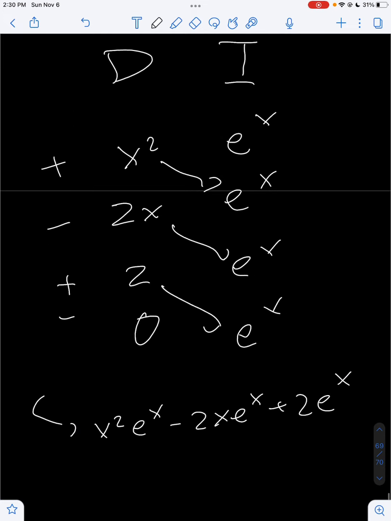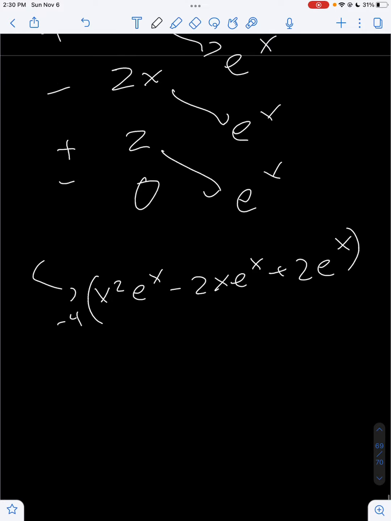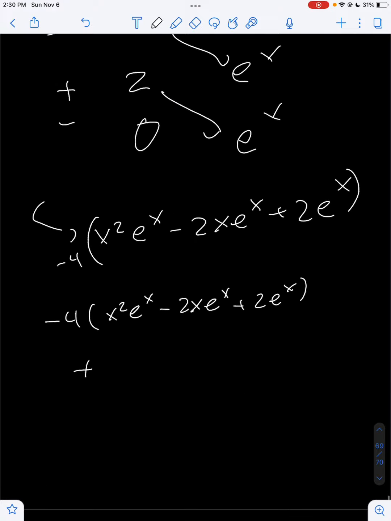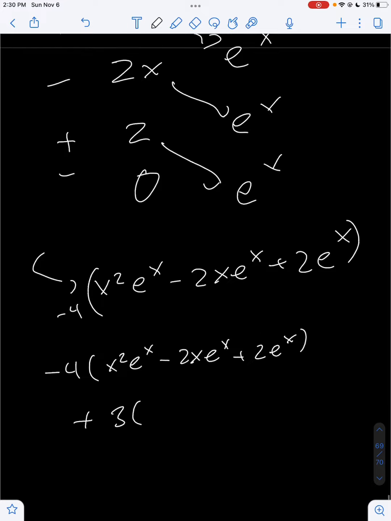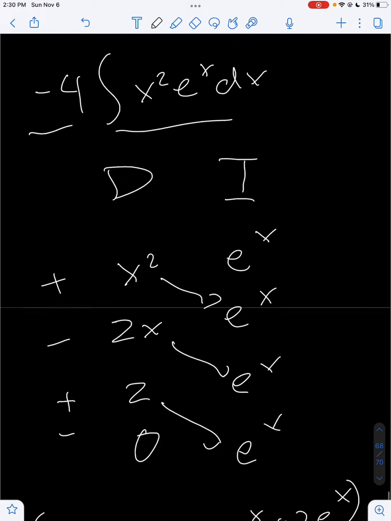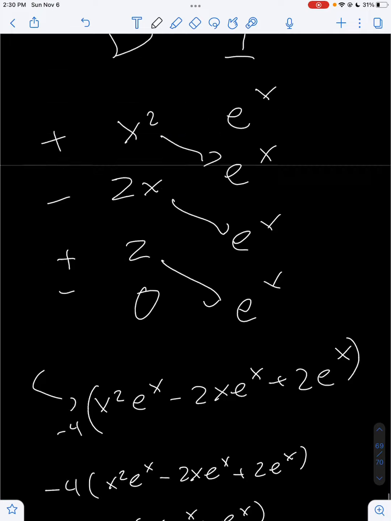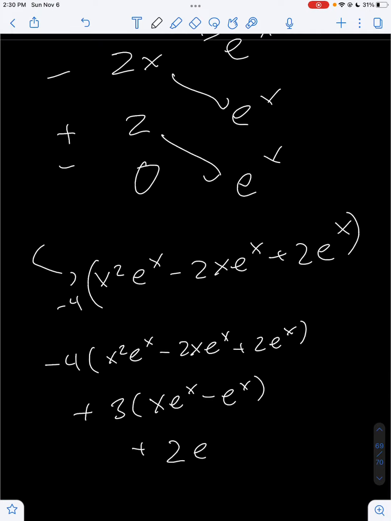So we have to multiply this by a negative 4. So what we have is negative 4 times x squared e to the x minus 2x e to the x plus 2e to the x, plus 3 times x e to the x minus e to the x plus 2e to the x.